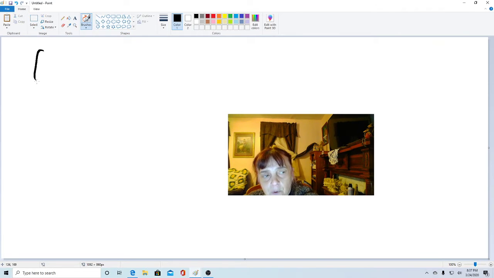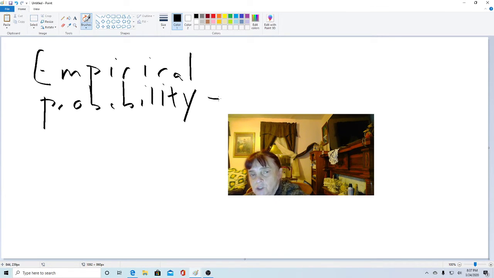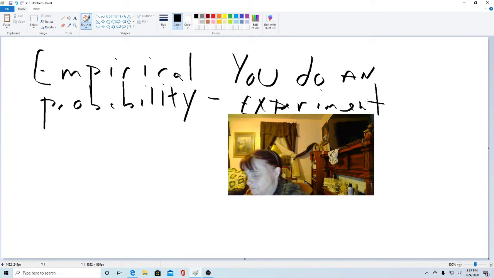Okay, now empirical probability is where you do an experiment and compute the probability.